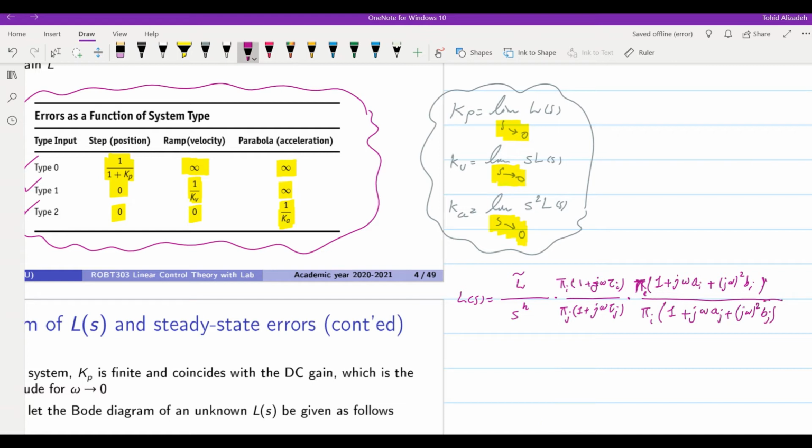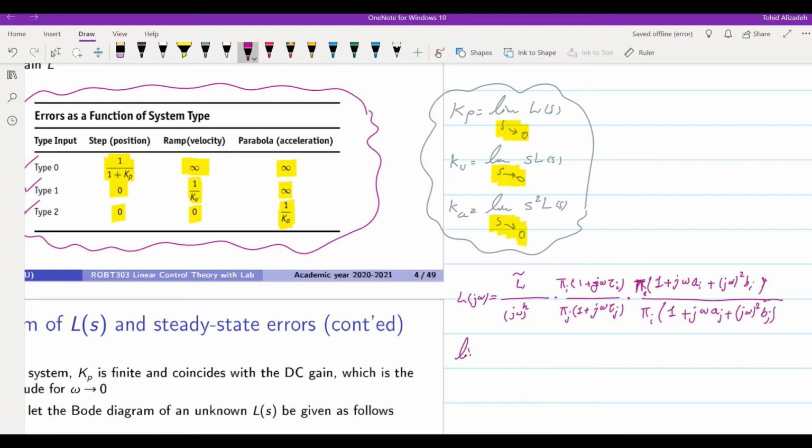Once we have L of j omega, let me replace all the s that we have with j omega. Okay, it takes some time for my system to catch up, but you can think that we have L of j omega equal to L tilde over j omega to the power of h times the first order poles and zeros times the second order poles and zeros.